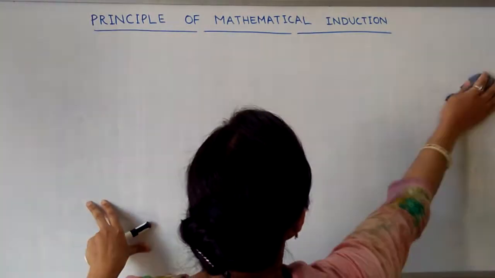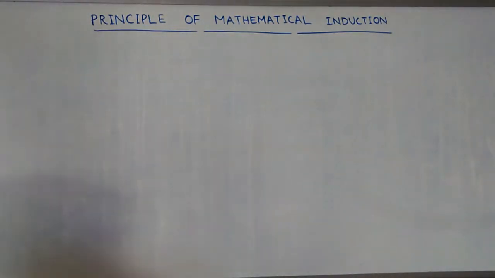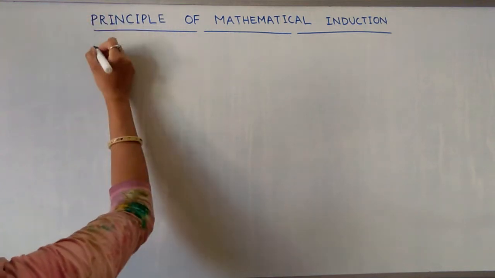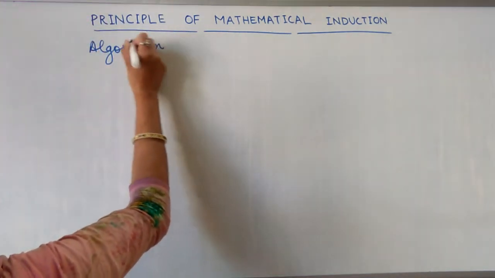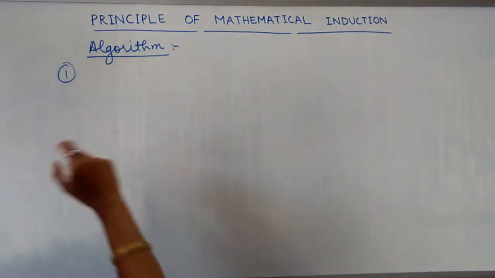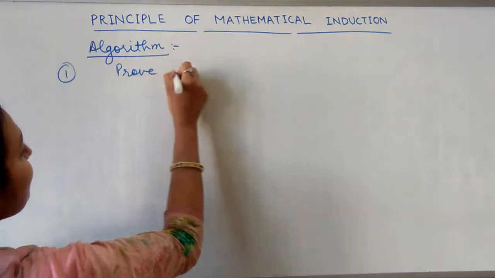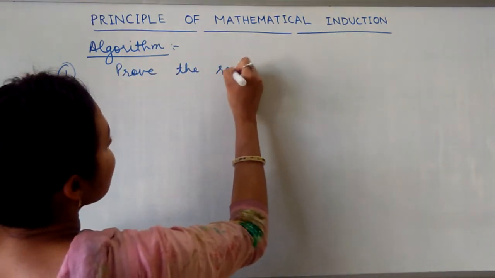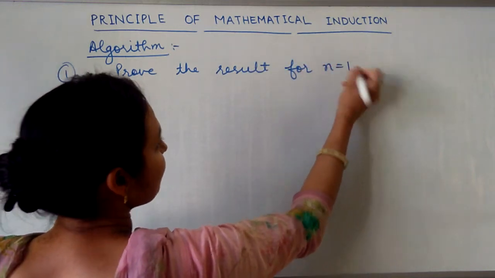Algorithm, first step. First of all, you have to prove the result for n equals to 1.